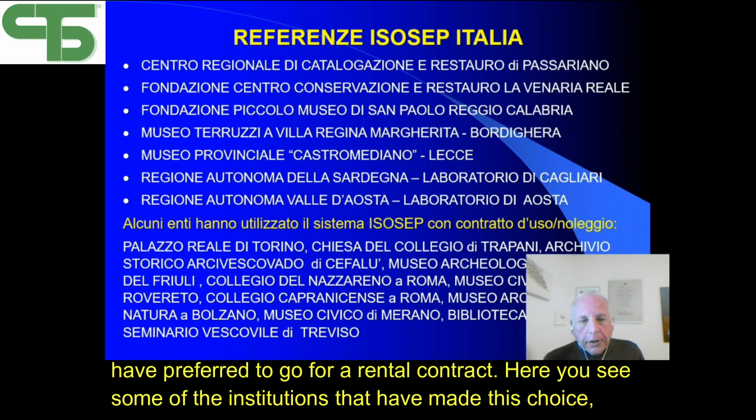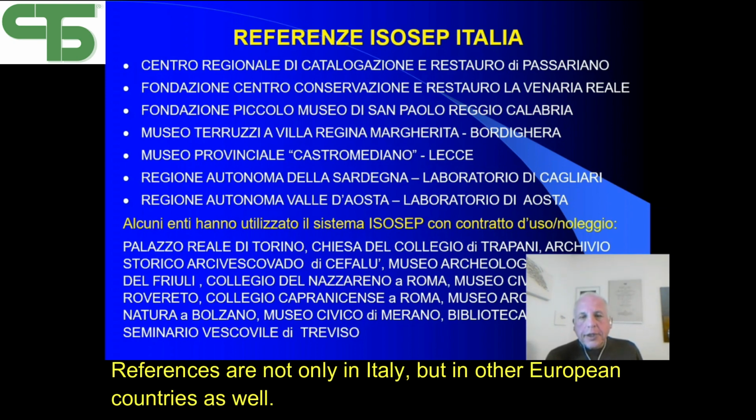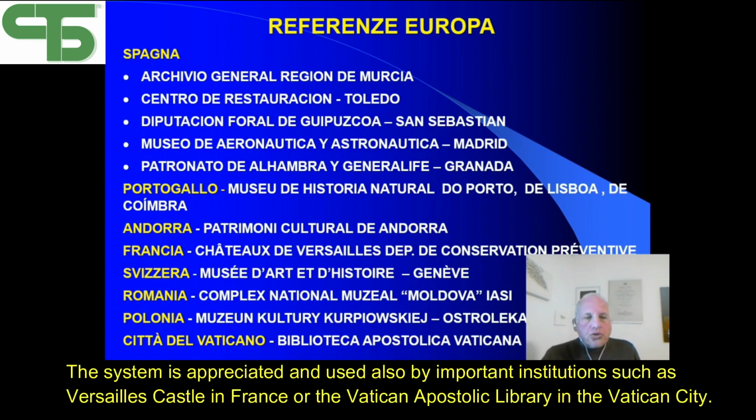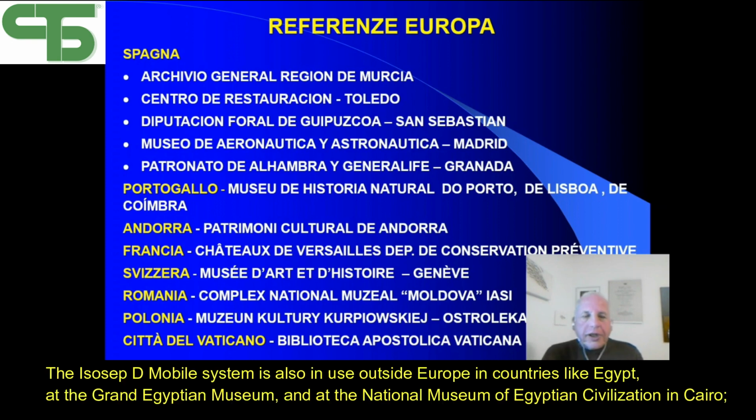And here you can see some of the institutions that have made this choice. These are European references, therefore, not only in Italy. The system is known and used also by important institutions such as Versailles Castle in France or the Vatican Apostolic Library in the Vatican City.